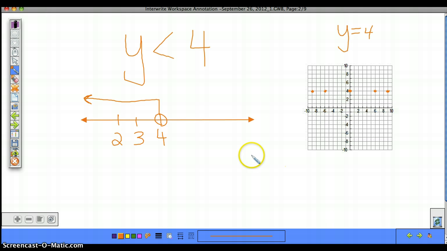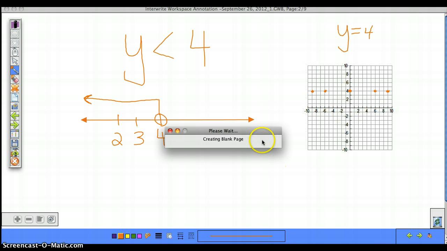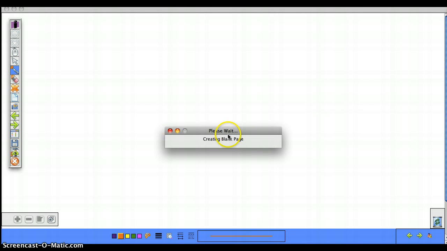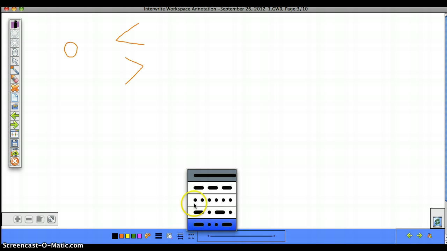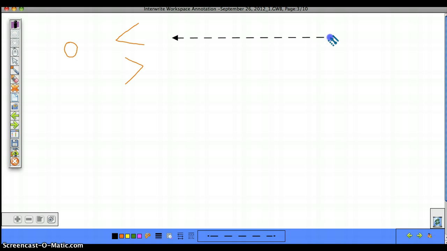Okay, before we keep going, just like on our number line where you have an open circle and a closed circle, we have to be careful about how to graph our line. So really quick, let's go over what I mean by that. Just like our number line where we had an open circle, these were for the inequalities less than and greater than. On our coordinate plane, we are going to use a dotted line to represent these inequalities.